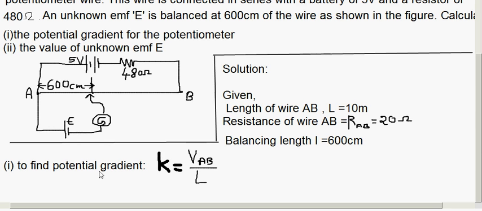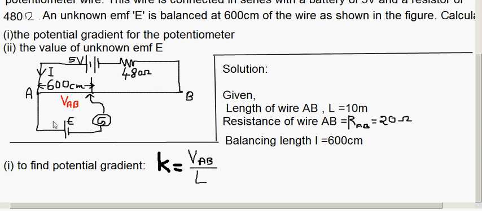The potential gradient K can be written as VAB by L. Now how to find out VAB? Let the current through this arrangement be I.